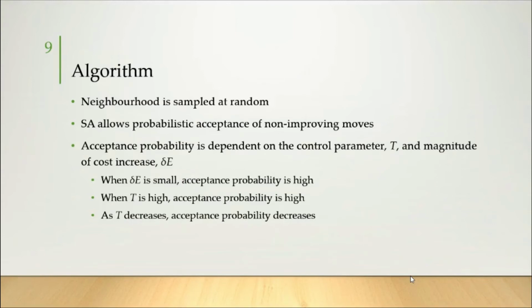When T is high, the acceptance probability is again very high. But as T decreases, the acceptance probability also decreases. When T becomes a very small value, the acceptance probability becomes very low.